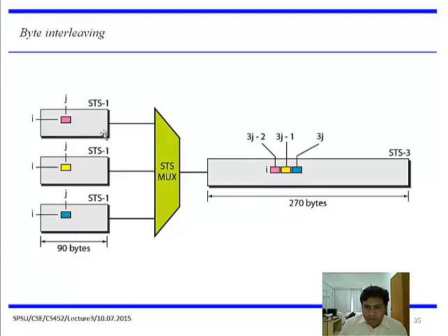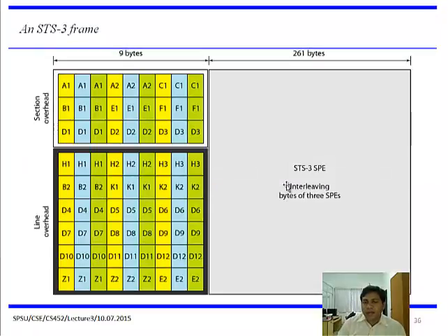This is coming from STS1 terminal 1, STS1 terminal 2, STS1 terminal 3, and they take their positions and create this total STS frame. In multiplexing, when the bytes combine together like this, it is called byte interleaving.